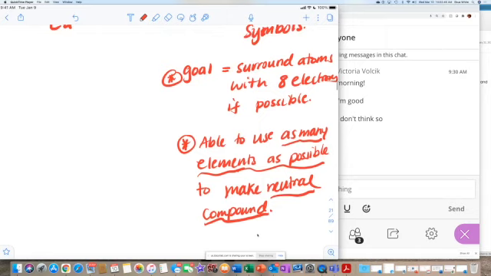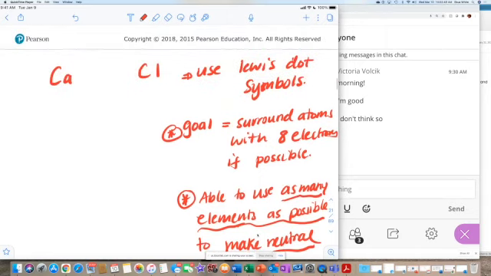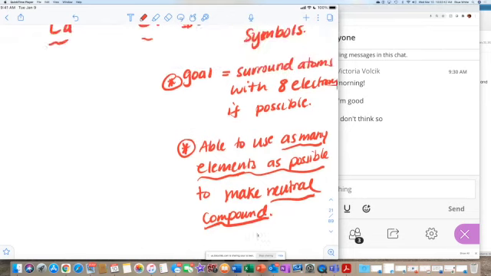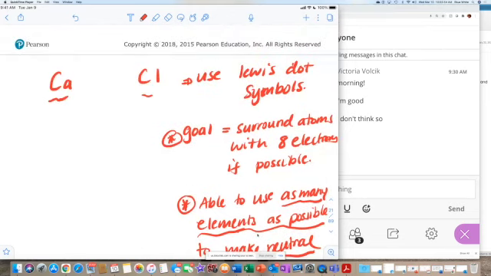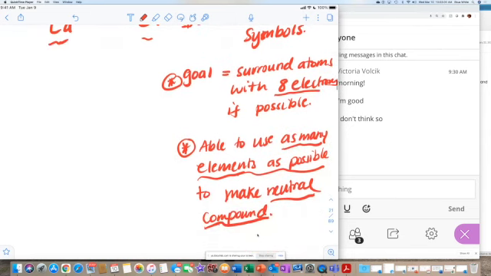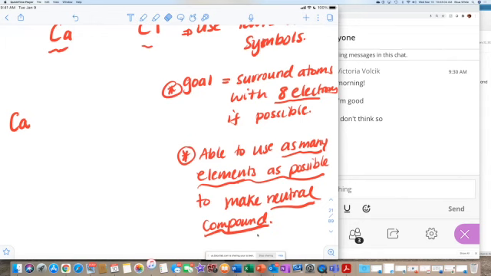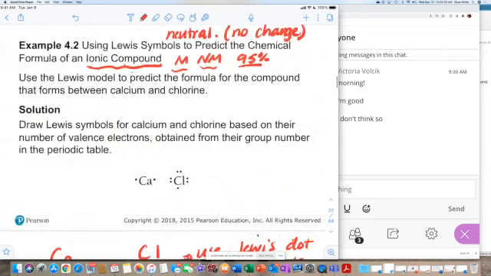Okay? So, what are we doing again? Using calcium and chlorine to make a neutral compound. In the process, we're going to be making sure that each of them, if possible, is surrounded by 8 electrons. Okay, let's start. Calcium is in group, let's see.